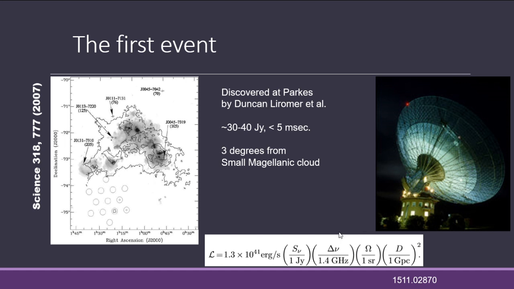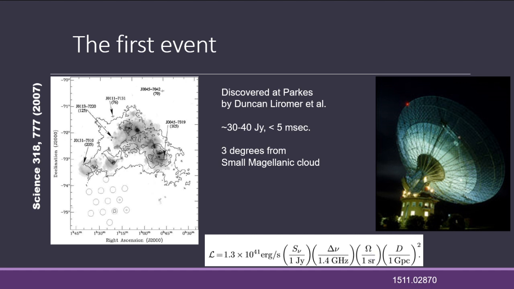So what we have: flux normalized to 1 Jansky, frequency normalized to 1.4 gigahertz. At the end we have distance normalized to 1 gigaparsec, so slightly more than 3 billion light years. And this parameter omega describes how collimated the burst is.